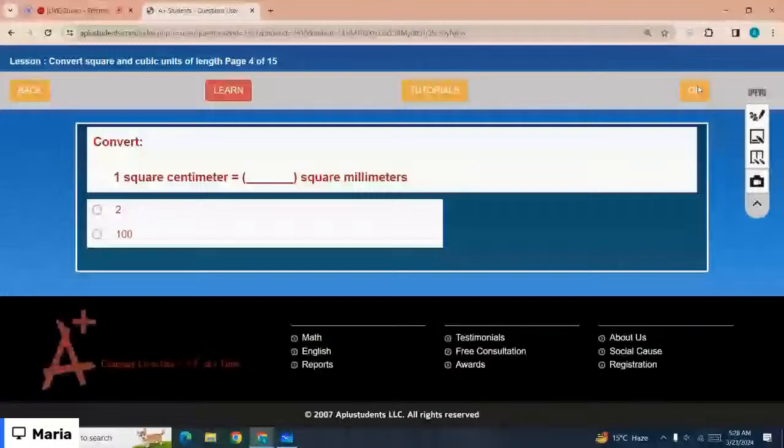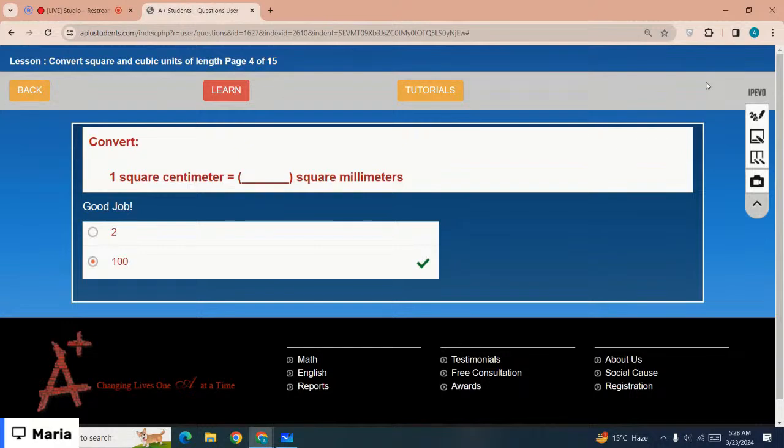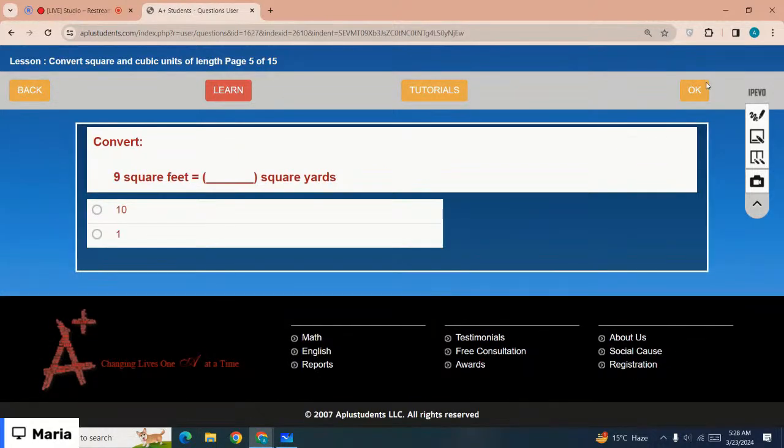The correct option is 1 square centimeter equals 100 square millimeters. The correct option is 100. 9 square feet equal how many square yards?